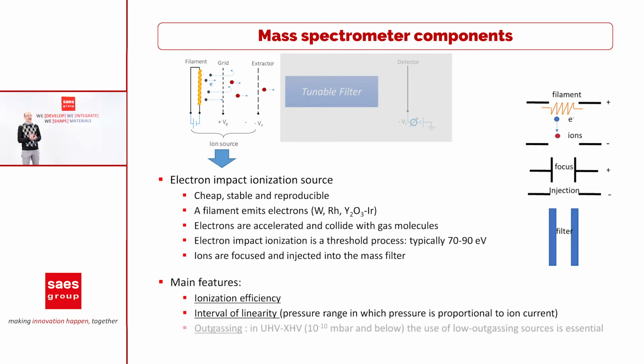Then, the outgassing can be very important, since it affects the detection limit of the instrument. In ultra and extreme high vacuum, low outgassing sources are used, in which the bulky electrodes are replaced by narrow grids.